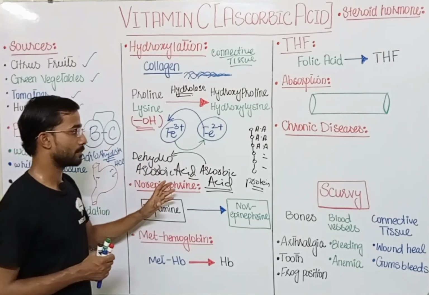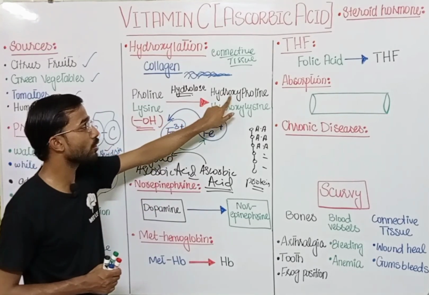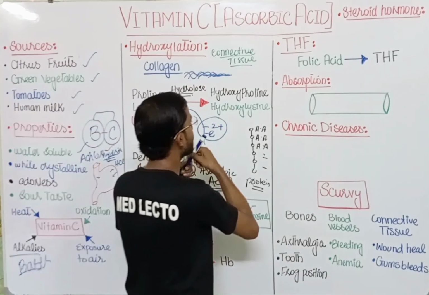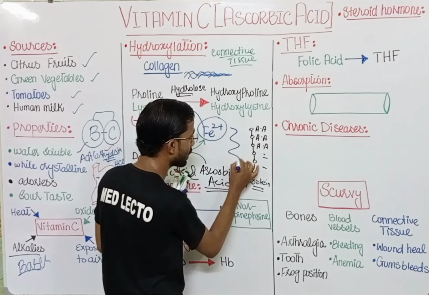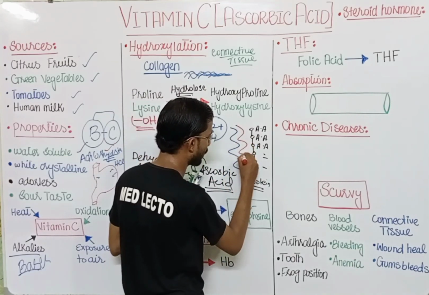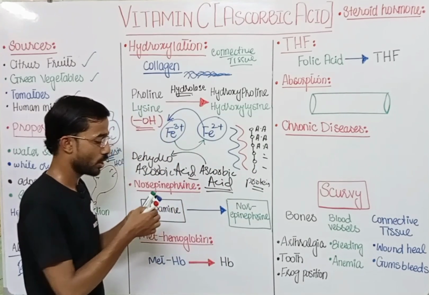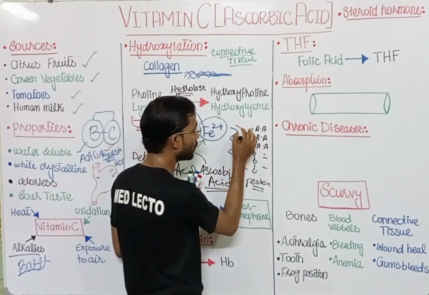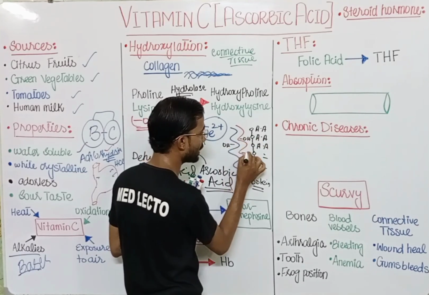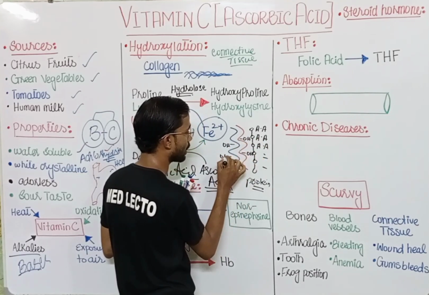After the hydroxyproline and hydroxylysine form, here are the different strands of the collagen. You will see additions of the OH group to the different sides of the collagen.